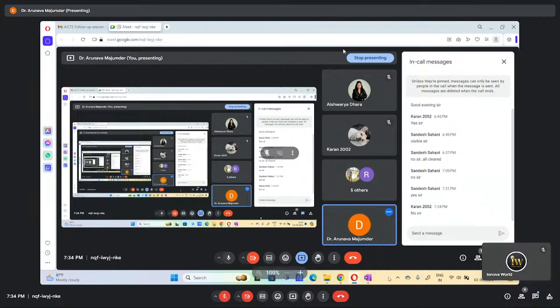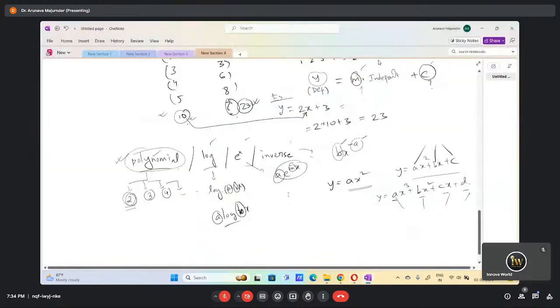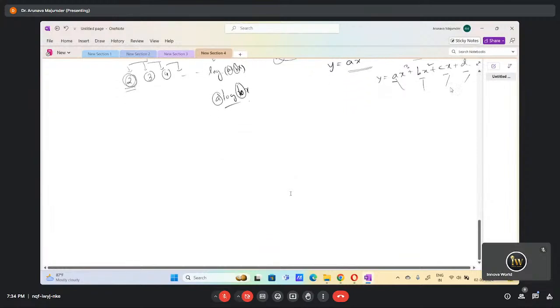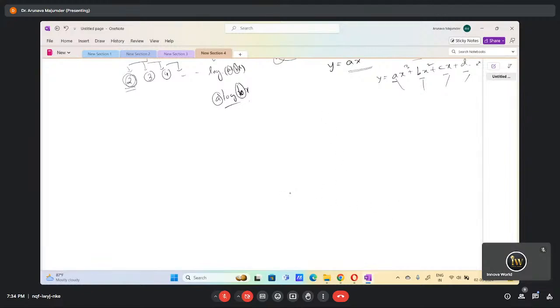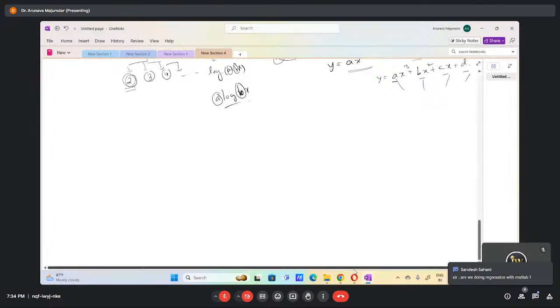Okay, then now I'm going for the modeling. How to model the data sets. Let us suppose these are the different parameters. Let me correct this one first.